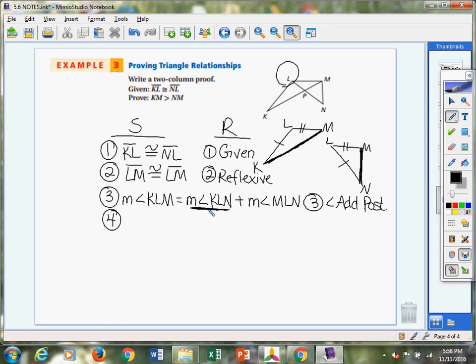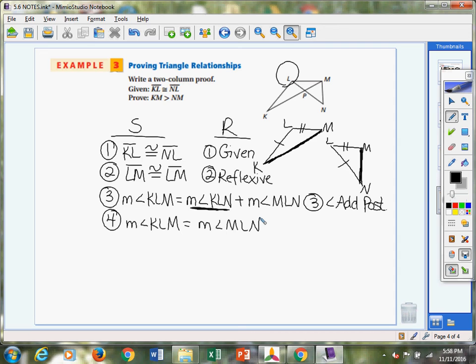And this comparison property says, hey, if you've got an angle set equal to another angle that's added to something, then automatically the measure of angle KLM has to be bigger than the measure of MLN.